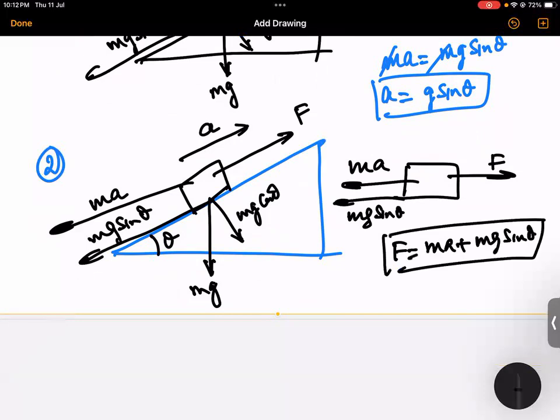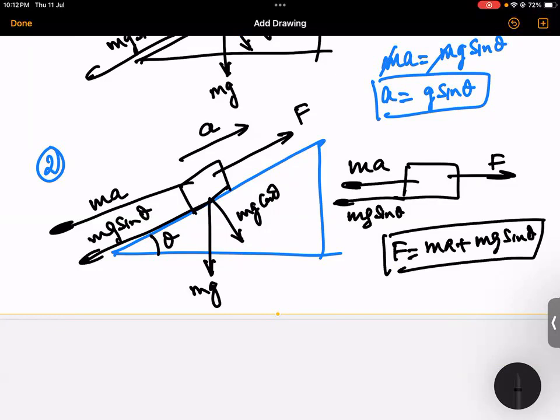I hope it is clear to everybody. This is another type of problem I have done for the inclined plane. This is the force required. So this is the second type of problem.